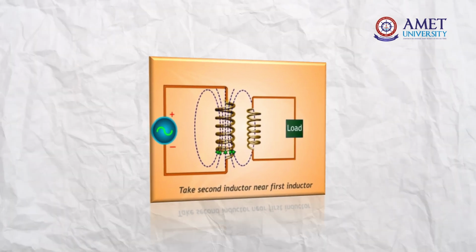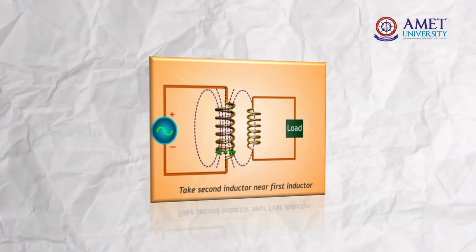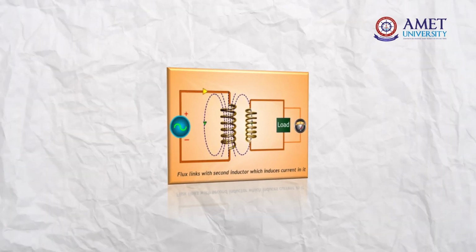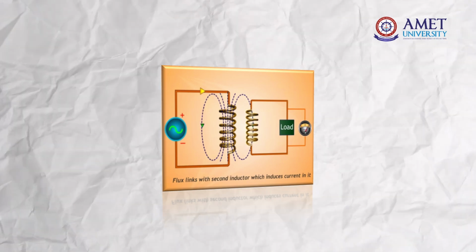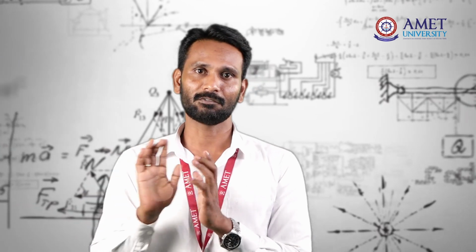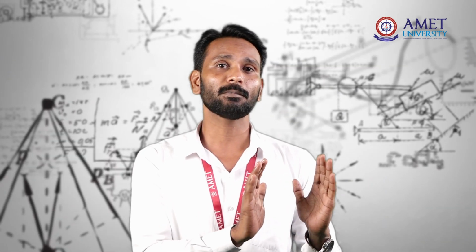Because we are passing alternating current, the magnetic flux direction alternately changes. When this changing flux is connected to the adjacent coil or neighboring winding, an EMF will be induced. So when passing current in one circuit, the EMF induced in the adjacent circuit is called mutual inductance. This is the basic working principle of the transformer.